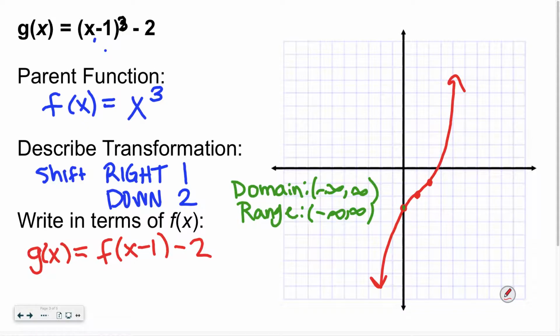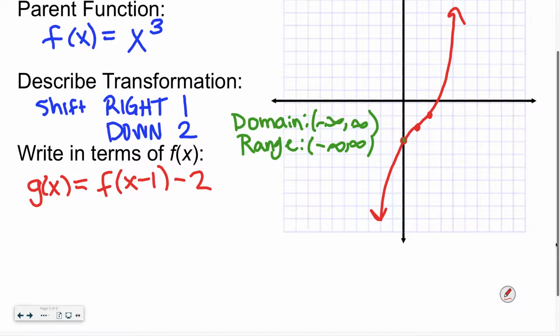If our function is already x cubed, then in function notation, we're just going to write that x minus 1 is inside the function, and minus 2 is outside the function. That way, we could apply this transformation to any function that we wanted to. This is like generalizing it.